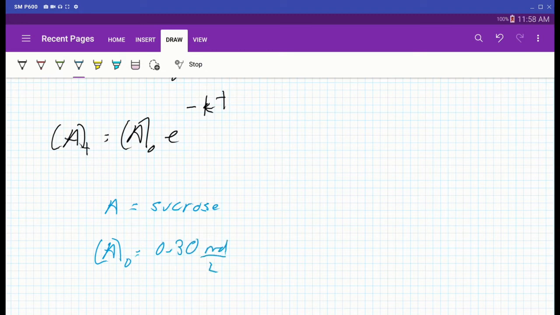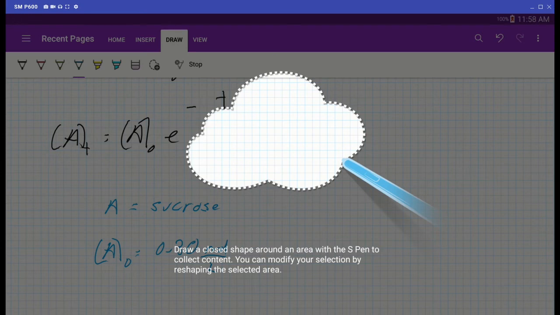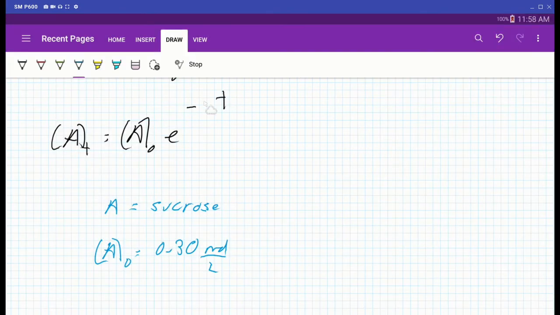We don't have a rate constant. We have, whoops, that's not what I want to do. Hold on. I need to figure out how I got into this mode so I can get out of it. I have no idea how I got into this mode.